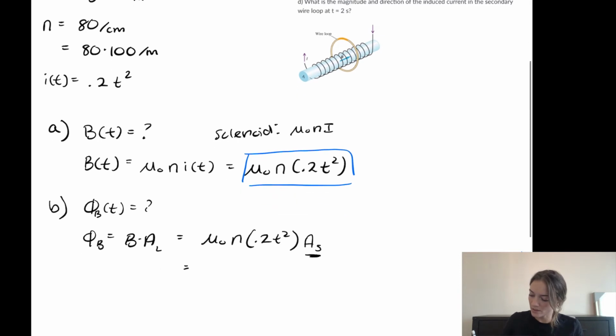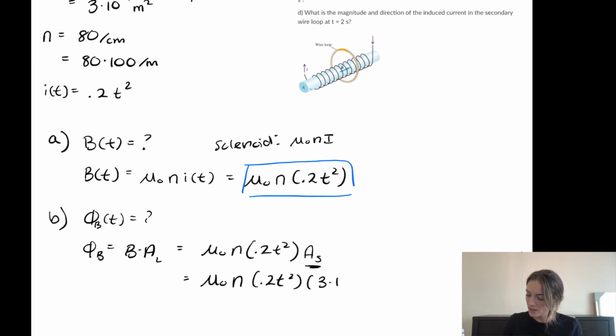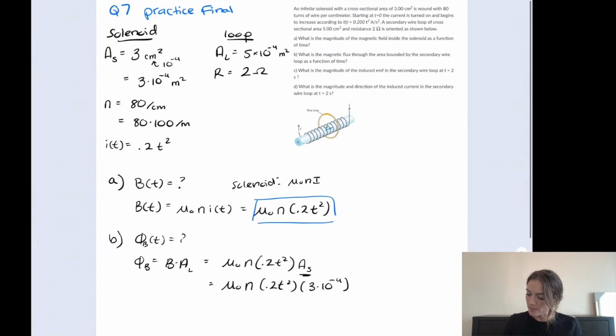So we have mu naught n 0.2 t squared, and then the area of the solenoid is 3 times 10 to the negative 4 meters squared. Okay, and then that is your flux as a function of time.